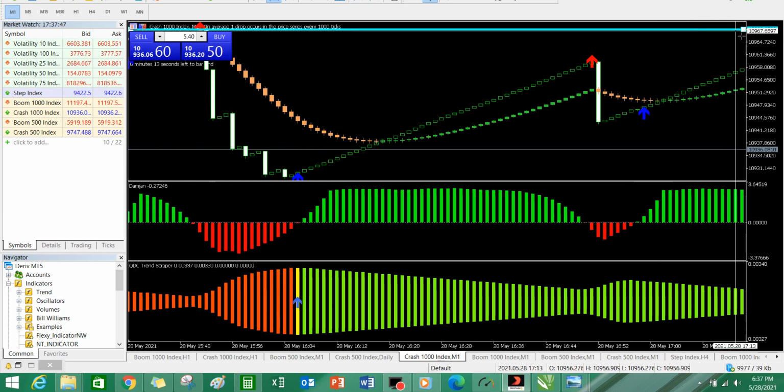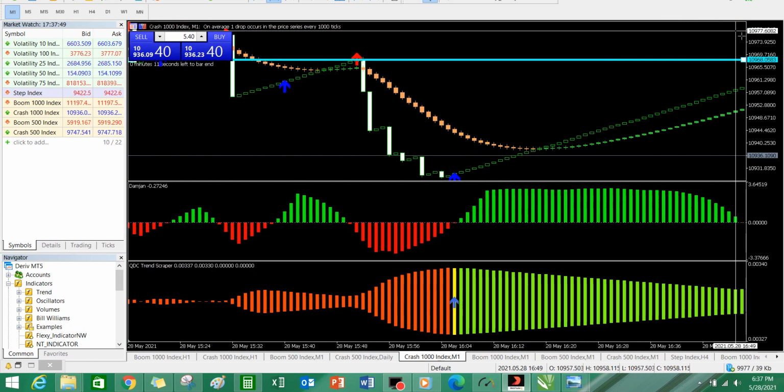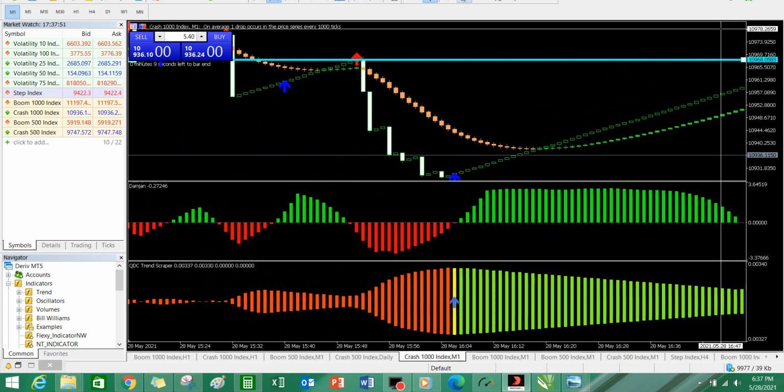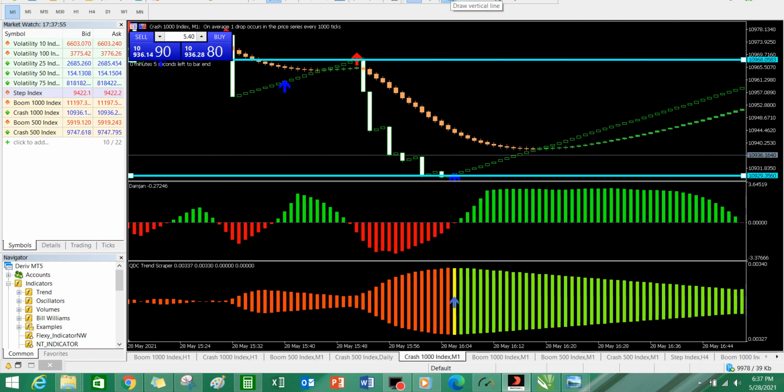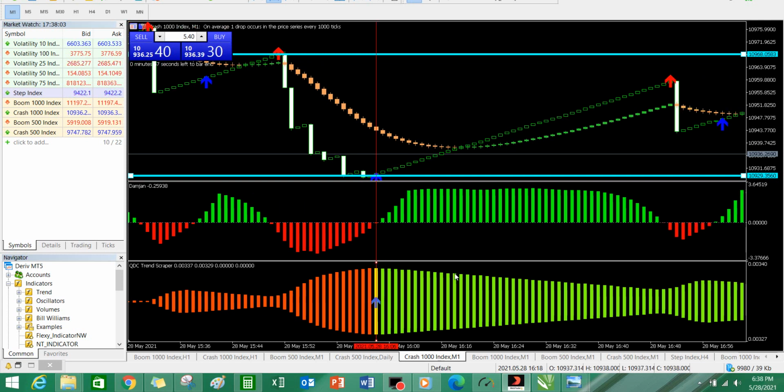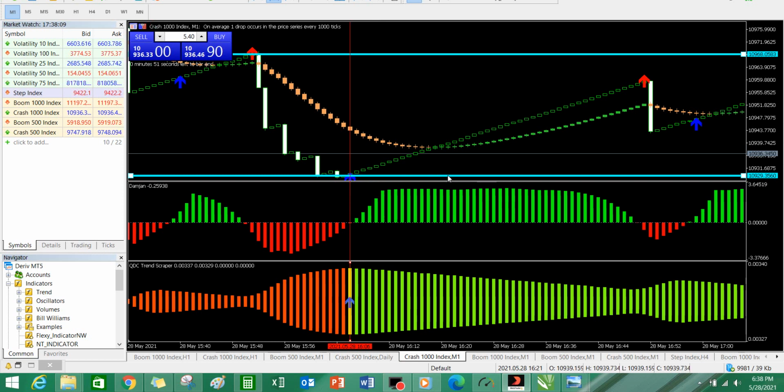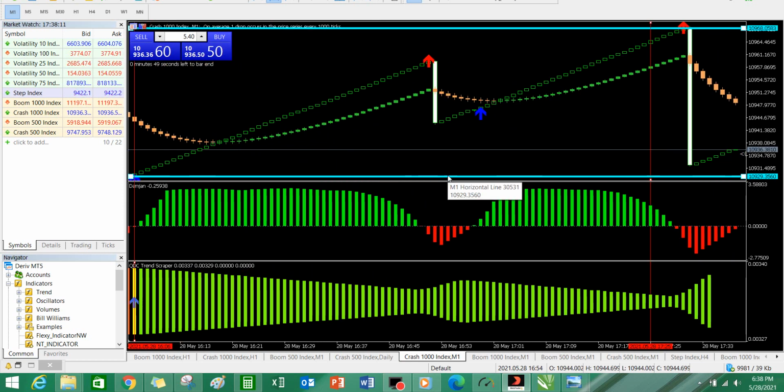But of course, check this out. The trend started from here. I want to do a quick analysis, because that spike was a very long one. It can get you guys scared, but I'm going to show you something. It started on this candle, and this horizontal line marks where our entry point is.